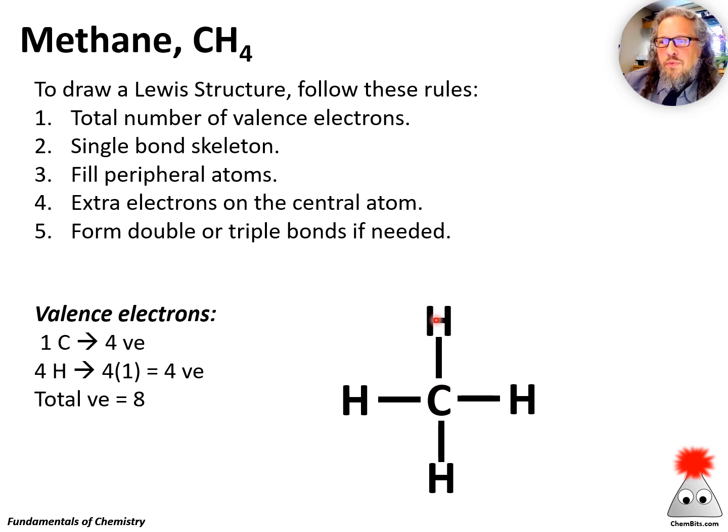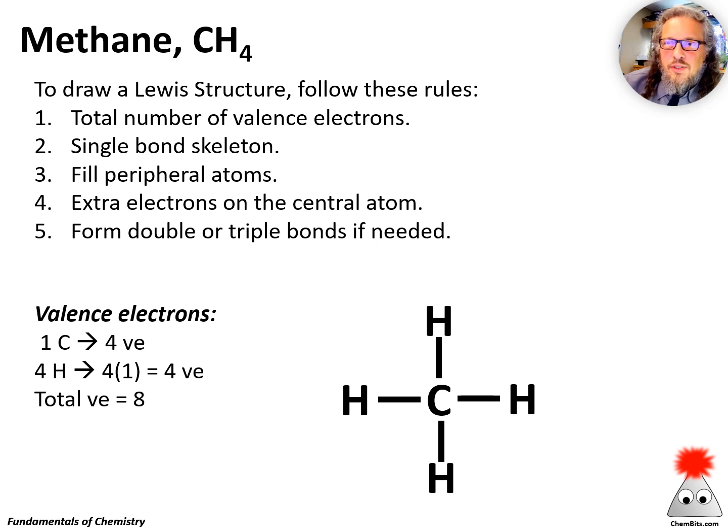So each bond is 2 electrons shared with those hydrogens. Those are all full. Extra electrons on the central atom, we don't have those. Double or triple bonds if needed, we don't need it, right? Because each hydrogen has a duet, and the carbon has a full octet of electrons around it. So there's a good Lewis structure of methane.